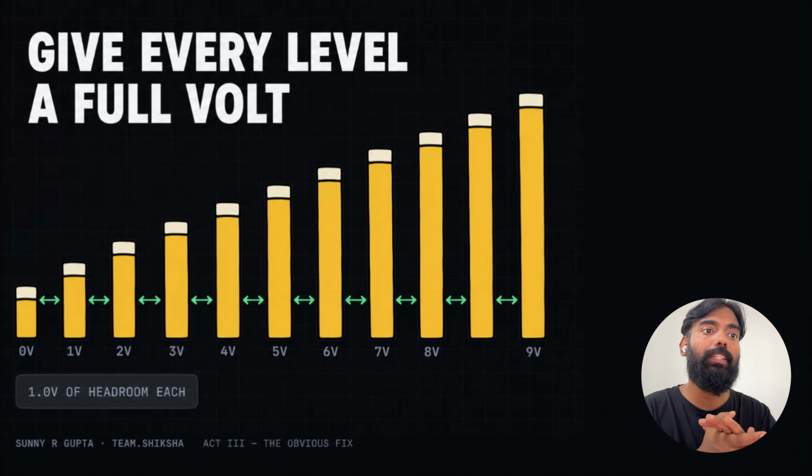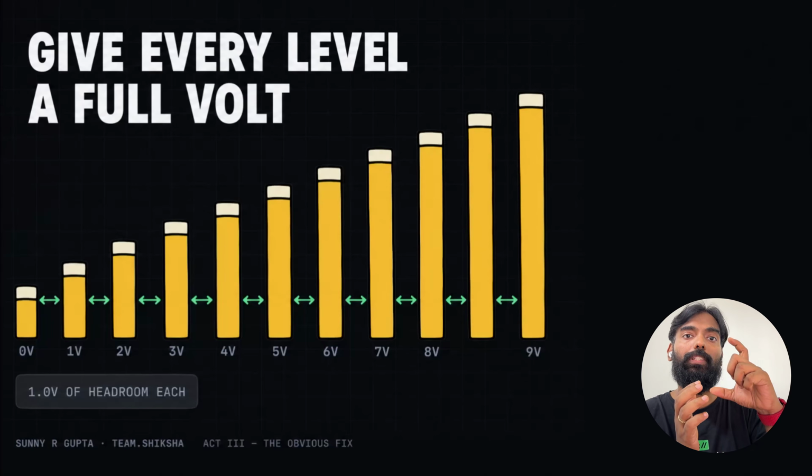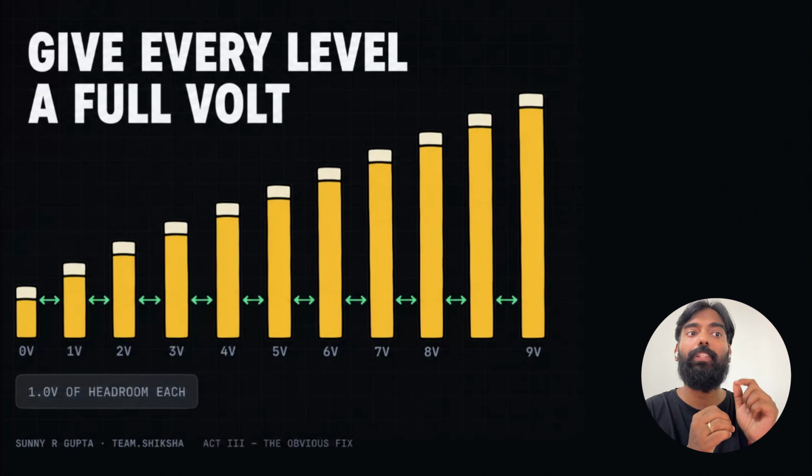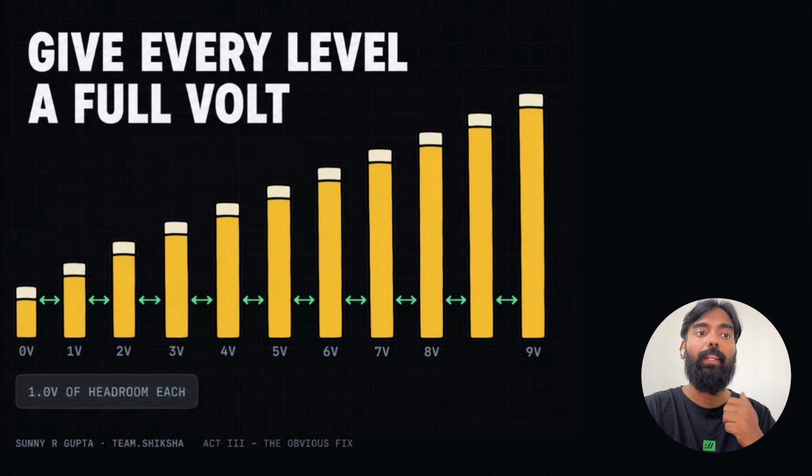And this is giving a headroom of a full volt when the noise or margin for error is 0.3 volts. So for example, we use 0 volts for 0, 1 volt for 1, and so on. Now a signal that arrives at 2.7 volts is clearly a 2 because the nearest boundary is at 2.5 volts and you have half a volt of margin.